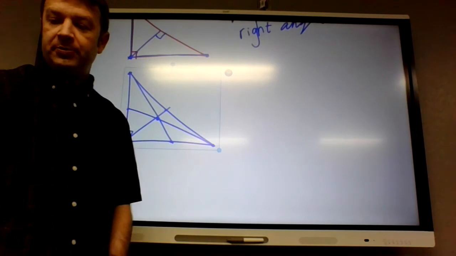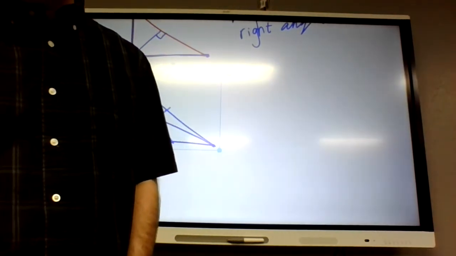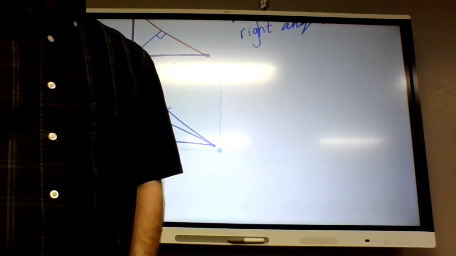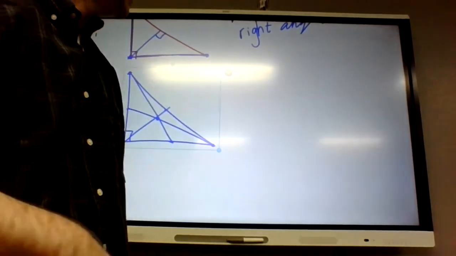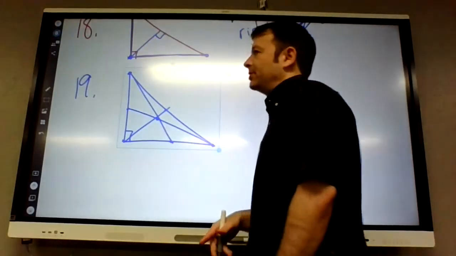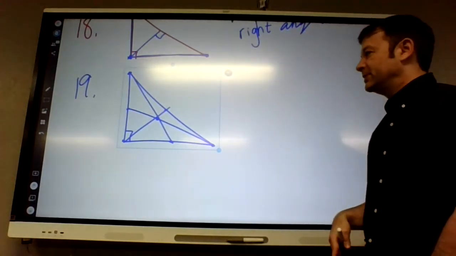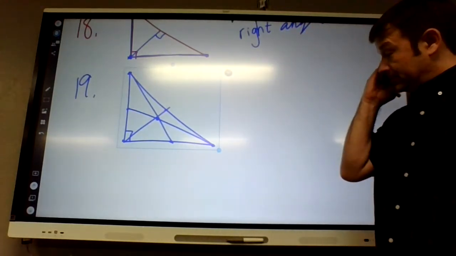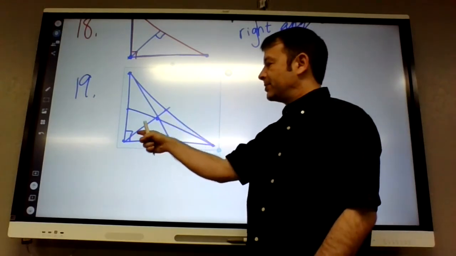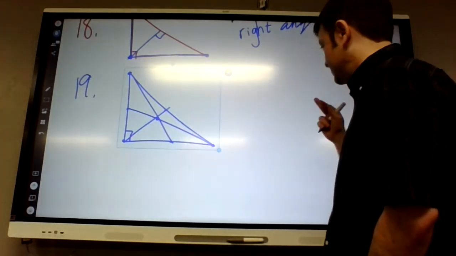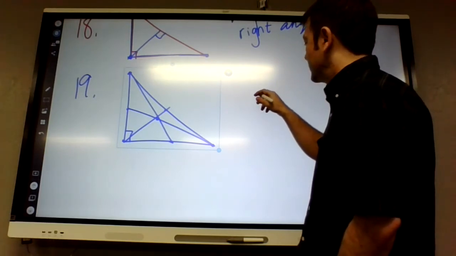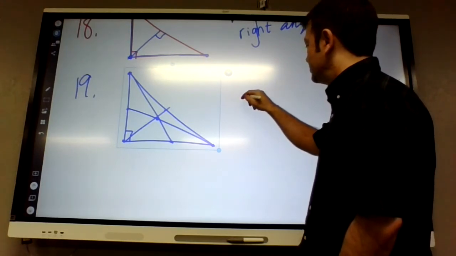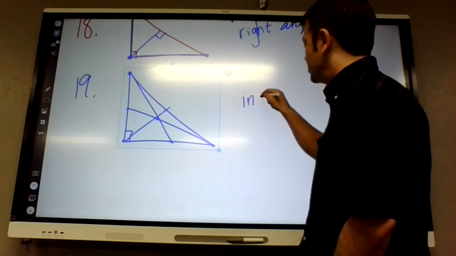Some kind of random place in the middle. Let's see what the book wrote. Interior of the triangle, 2/3 of the distance from each vertex. Yeah, okay. Remember from earlier, the medians are 2/3 of the way. The centroid is 2/3 of the way from the vertex. Well, I don't want to write all that. We'll just put middle of triangle, or we'll put inside the triangle.